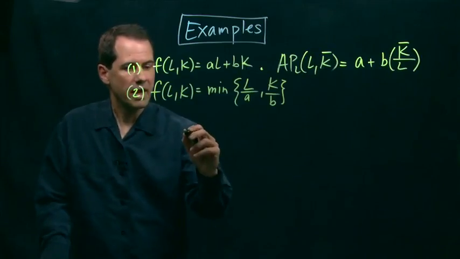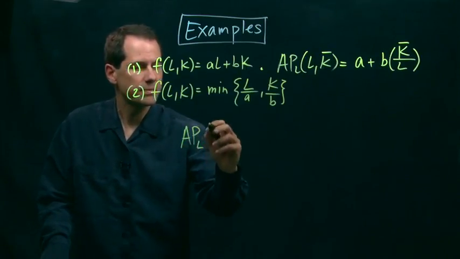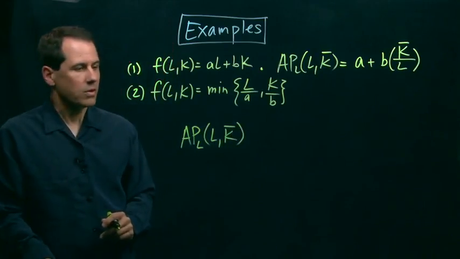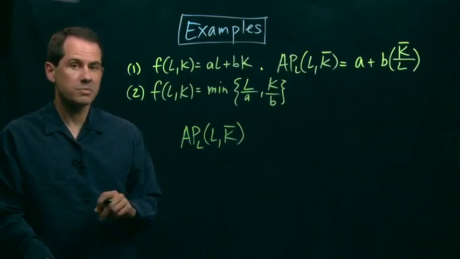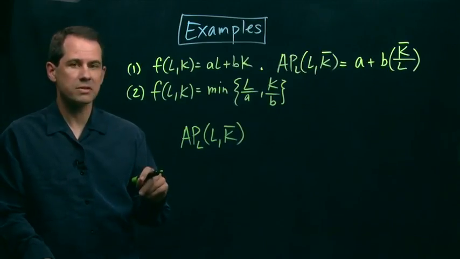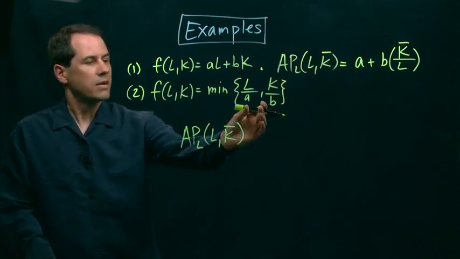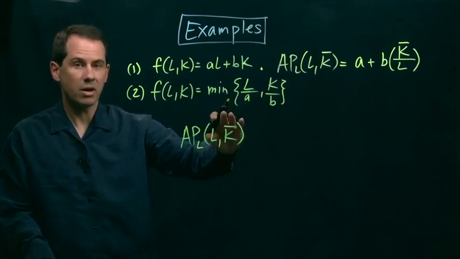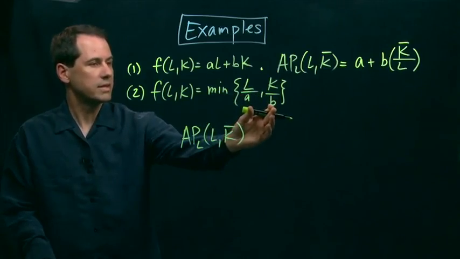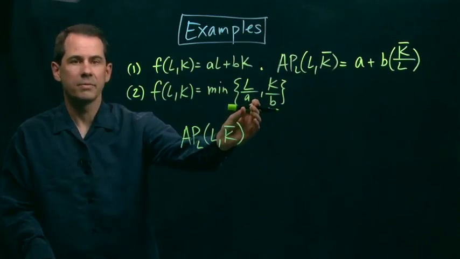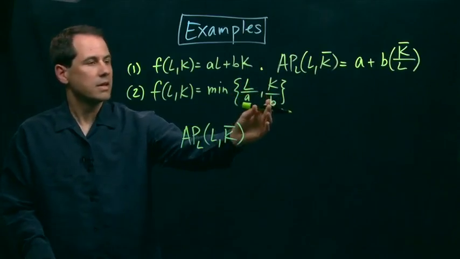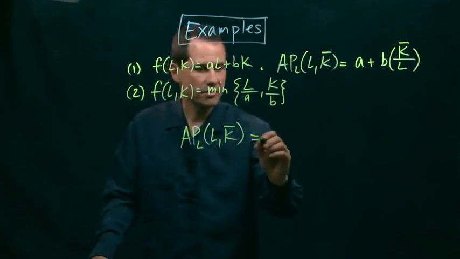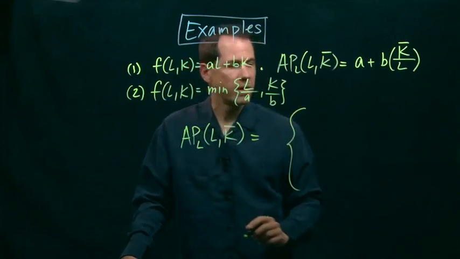And here, the average product of labor, holding capital fixed at K bar, will be a little bit more complicated expression, because you recall that with the Leontief production function, there are two parts of the labor space you have to deal with. When L is really small, the minimum of L over A and K over B will be given by L over A. And when L is large, the minimum of these two things will be K over B. So to account for that, we have two regions.